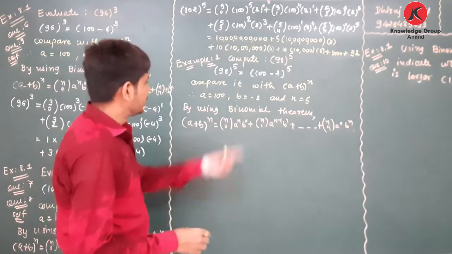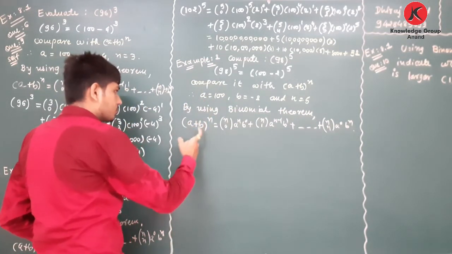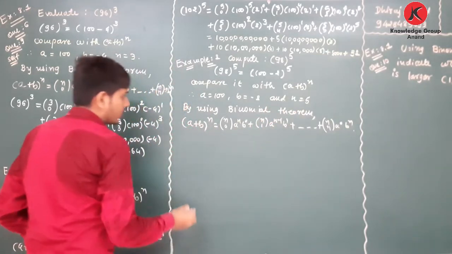Now see here, put the value of a equals to 100, b equals to -2 and n is equals to 5 here.